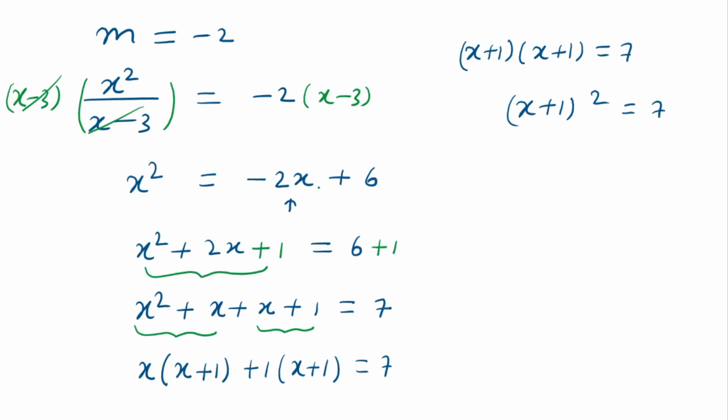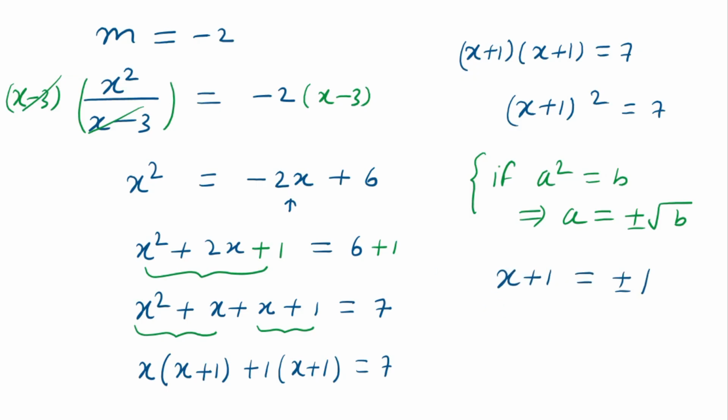If we apply this rule, which is if a square equals b, this implies a equals plus minus square root of b, then this expression x plus 1 equals plus minus square root of 7. We have x plus 1 equals plus minus square root of 7.